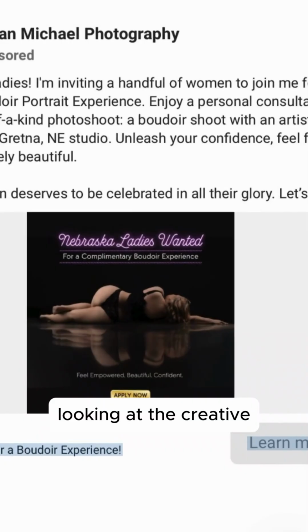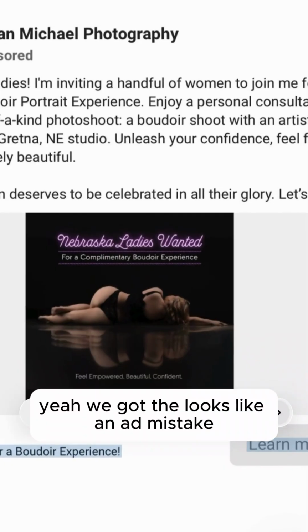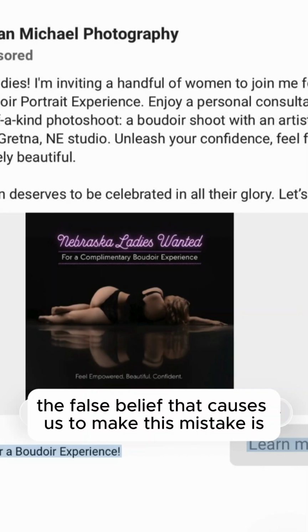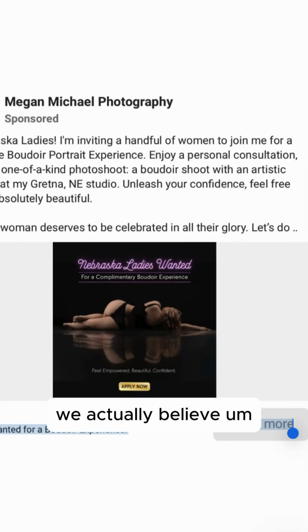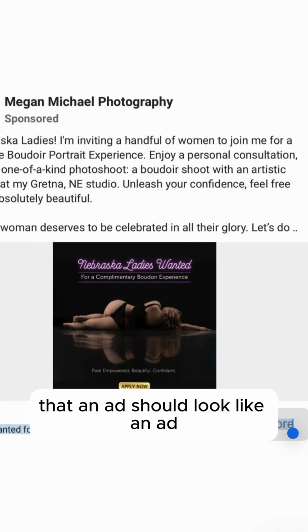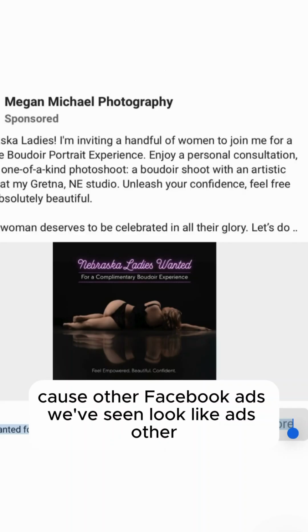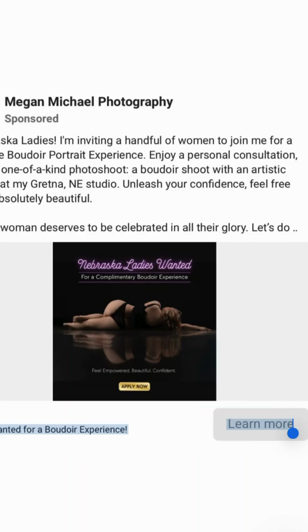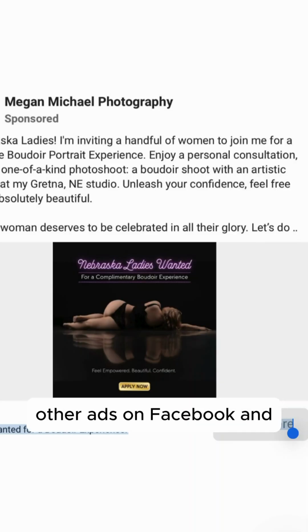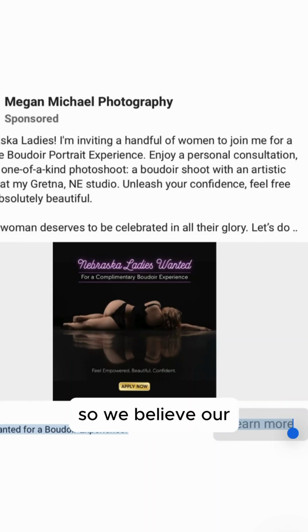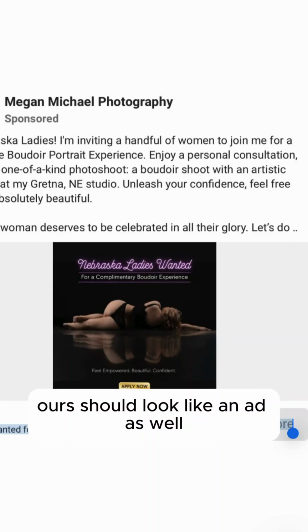Finally, looking at the creative, we've got the looks-like-an-ad mistake. The false belief that causes us to make this mistake is that we believe an ad should look like an ad, because other ads on Facebook look like ads, and so we believe ours should look like an ad as well.